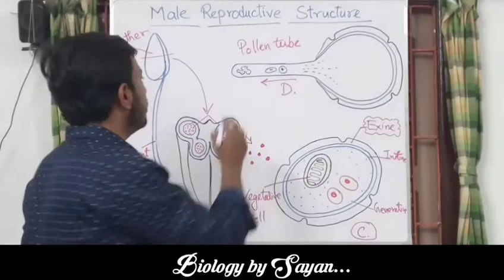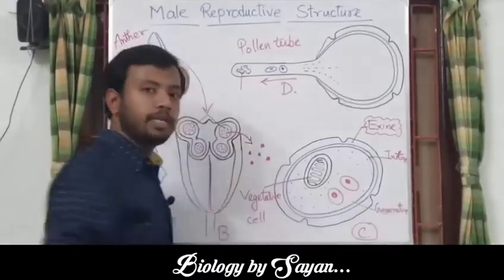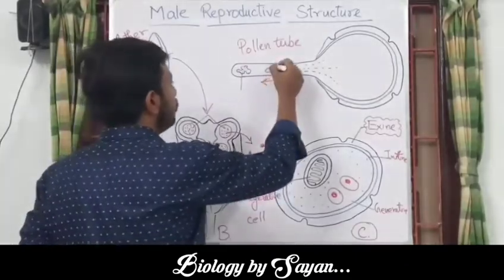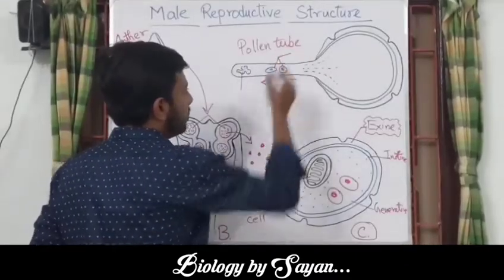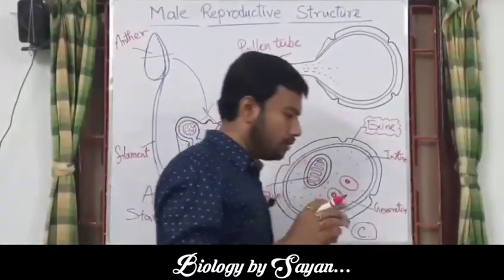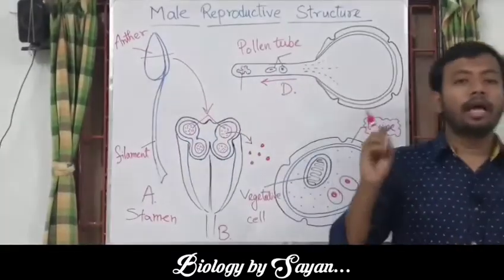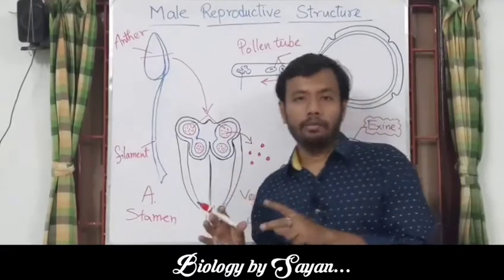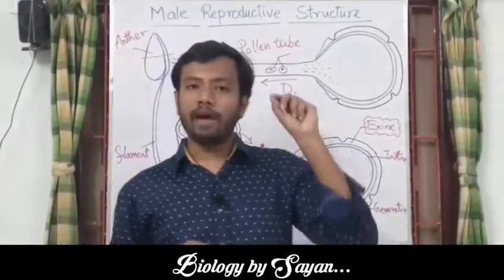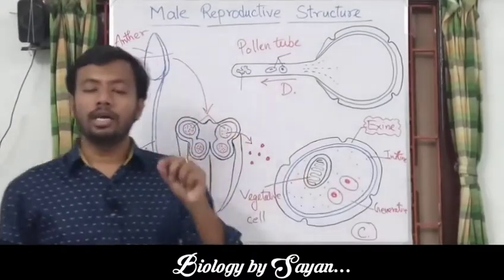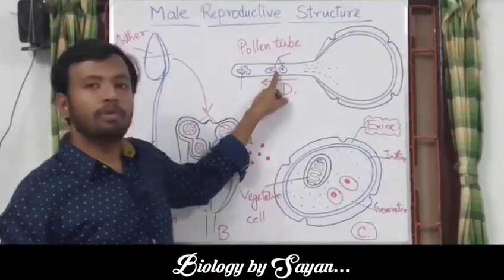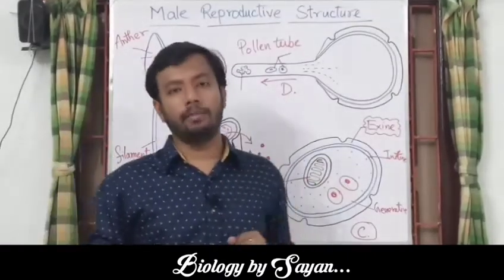This pollen tube contains the degenerating vegetative cell at the tip of its tube and two mature male gametes. So the pollen tube actually functions as the carrier of the male gametes. The pollen tube thus extends from the stigma via the style. Finally it reaches the ovary, and there it makes the union between male gametes and female gametes.